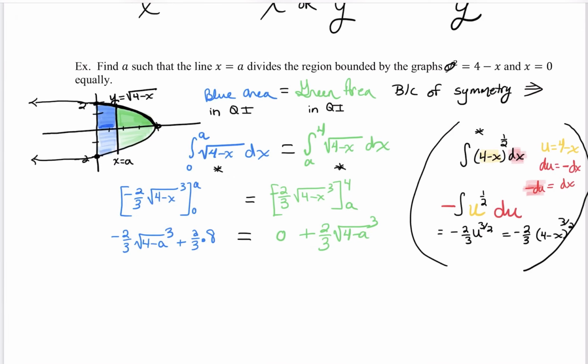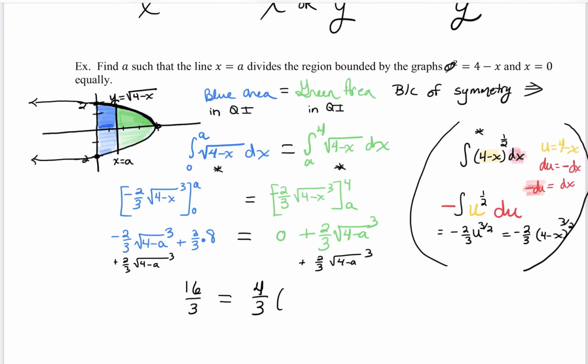And so honestly, this doesn't look so bad really, right? Let's get our variable terms together over here on the right-hand side. So I'm going to add that term from the left over to the right-hand side. And so on the left-hand side, I just have my 16/3, and I have 2/3 plus another 2/3 of the same term. So those are like terms. So that's really 4/3 times that. Again, you can leave it as a square root.